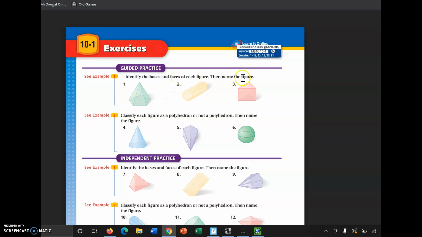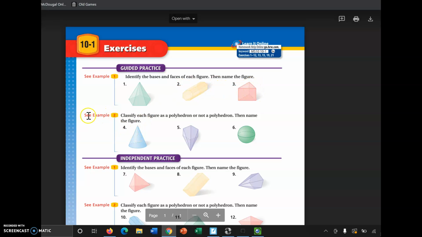Then name it. So you'll have 3 answers. Okay, this one has 1 base and it comes to a point. This one has 2 bases and it's tipped over on its side. Okay, this one has 2 bases, and name the faces and name these figures.